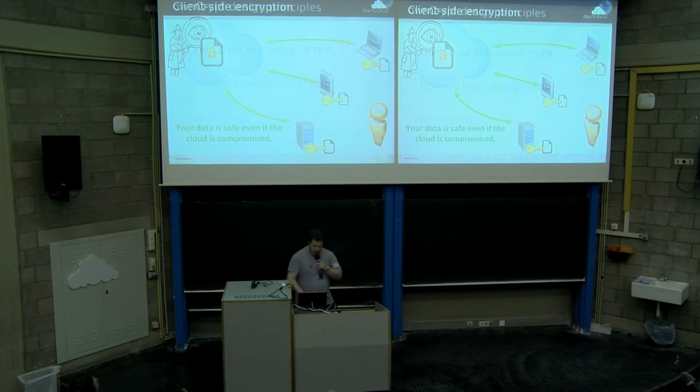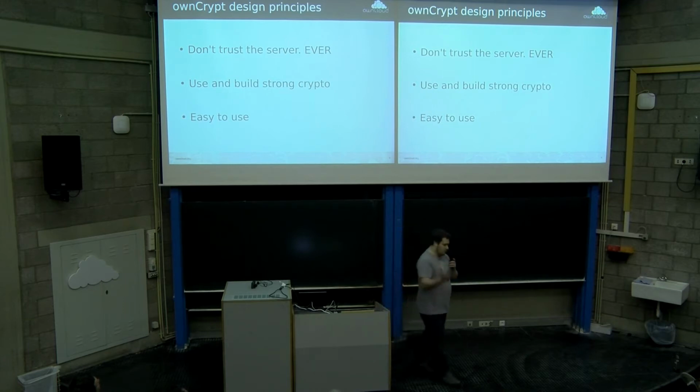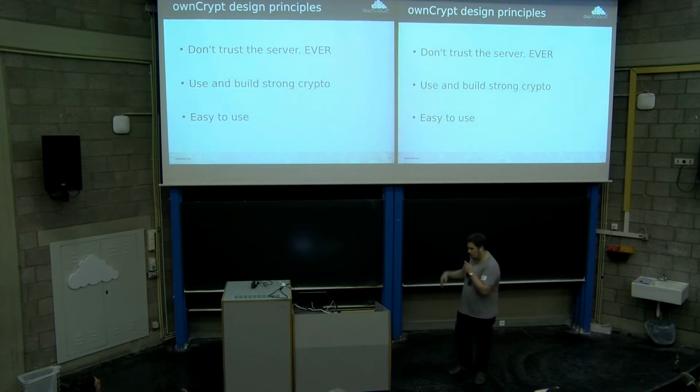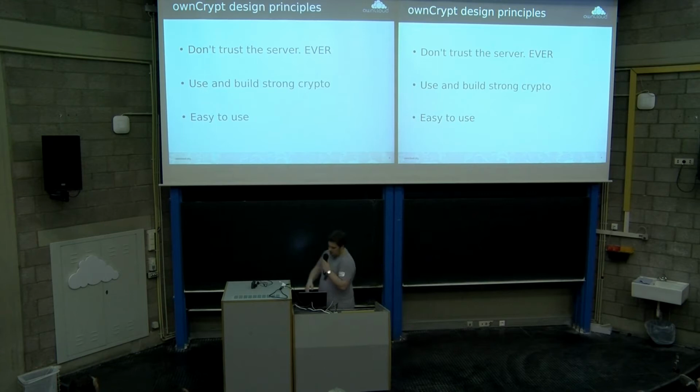There are three core design principles for ownCrypt that I set up when I started. The first one is that we don't trust the server, and we don't trust it ever, which sets the feature apart from some competitors. I'll talk about it later.